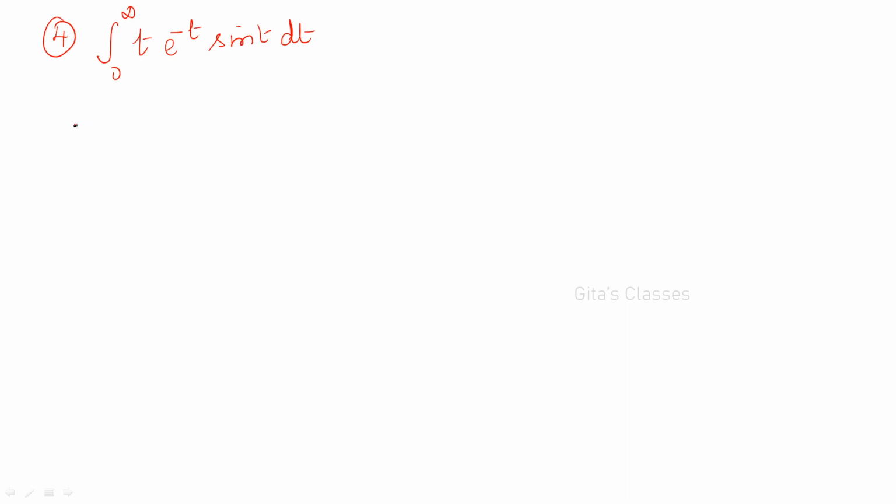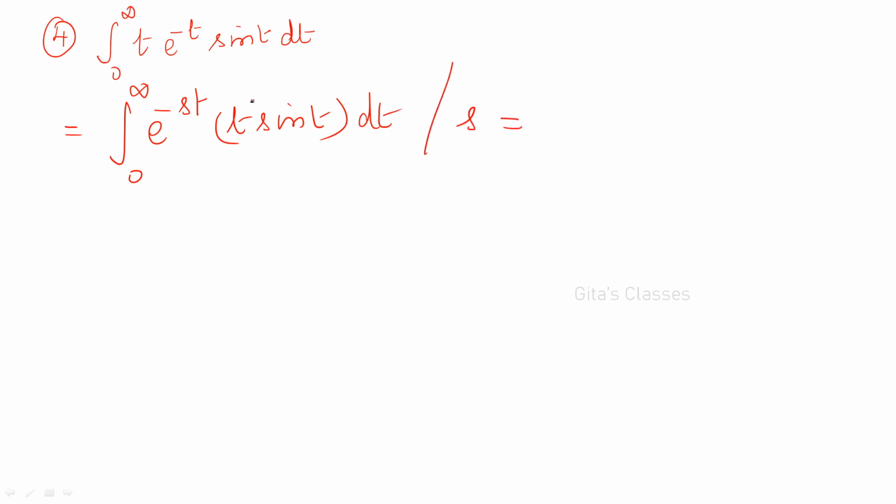So again you write it as integral 0 to infinity e power minus st into t sin t dt at the point s is equal to, in the place of s, what do you have? 1. So s is equal to 1. So integral 0 to infinity e power minus st, what is this? L of t sin t.